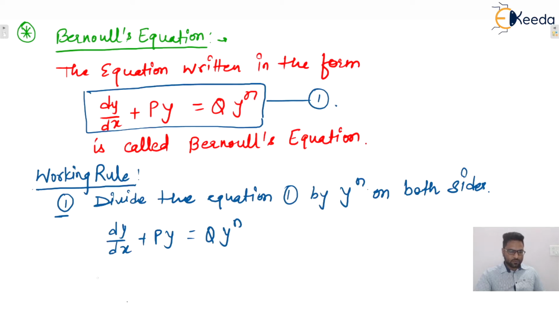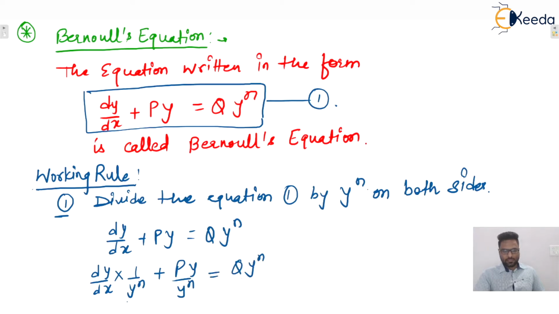So the equation becomes dy by dx into 1 upon y raised to power n, plus py divided by y raised to power n, equals q y raised to power n divided by y raised to power n. After division, y raised to power n will cancel out with y raised to power n.